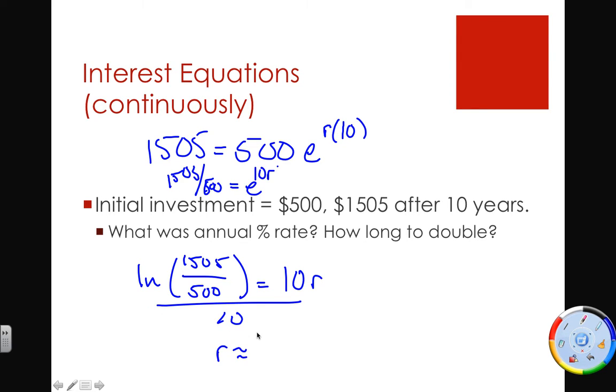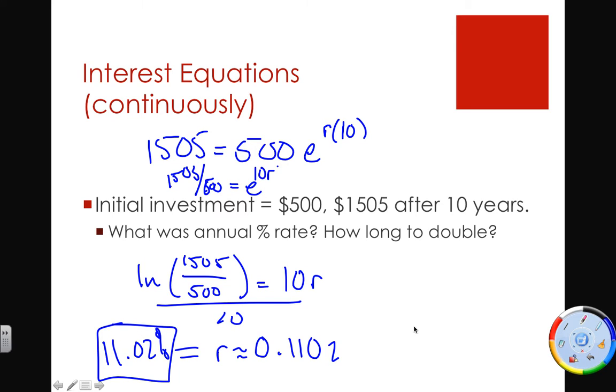So r is approximately, if I do that really quick, ln of 1,505 divided by 500 divided by 10, 0.1102. So r as a decimal is that, r as a percent is 11.02%. Don't forget to move your decimal twice.